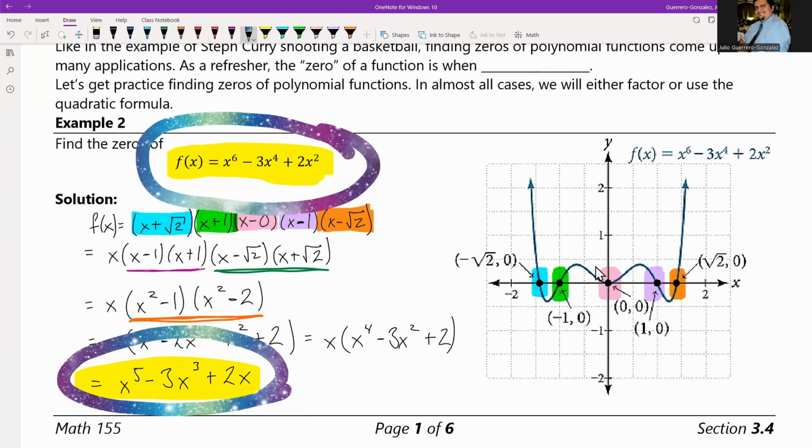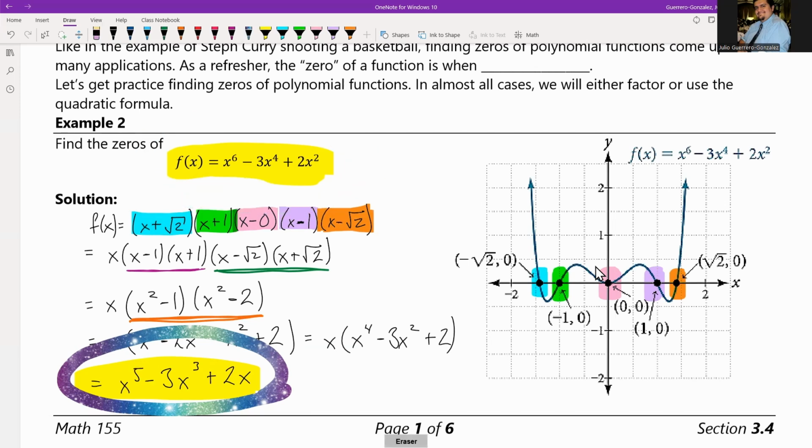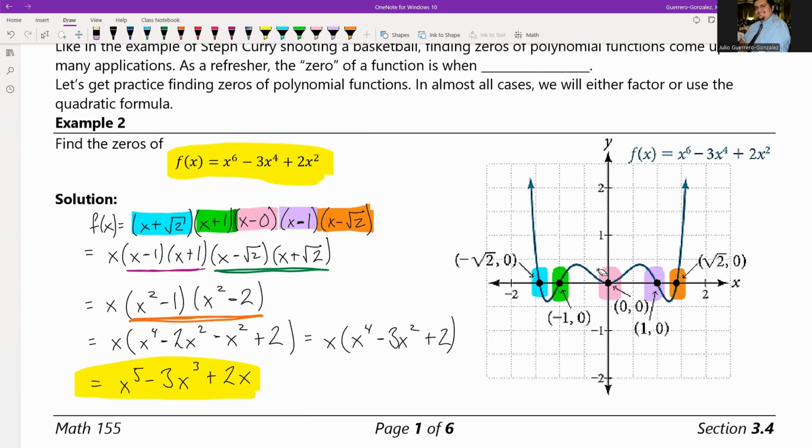So something funky is working its magic here. We don't know what it is yet. But for the most part, from what you guys remember from the previous sections from chapter 3, this is it. So keep this in mind, because we're going to come back to this one.